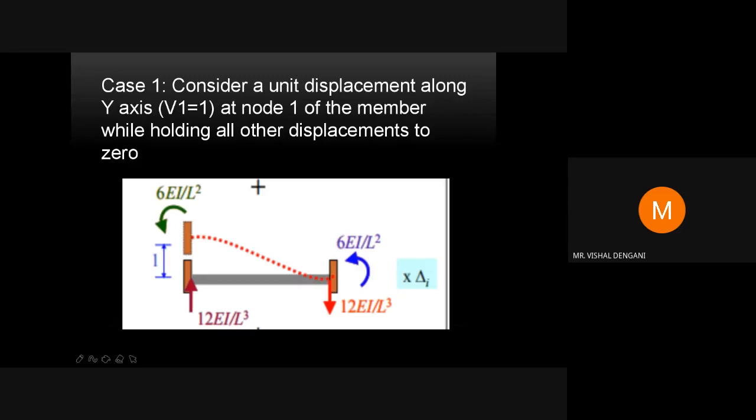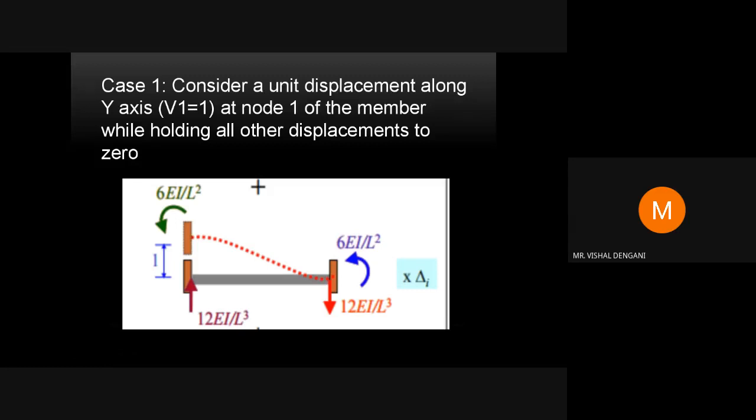So case 1: we will consider a unit displacement along y-axis. First we will allow the beam member to displace along y direction, keeping all other displacements equal to 0 at node 1.